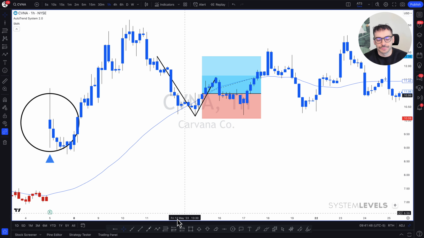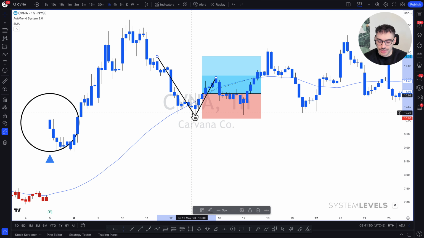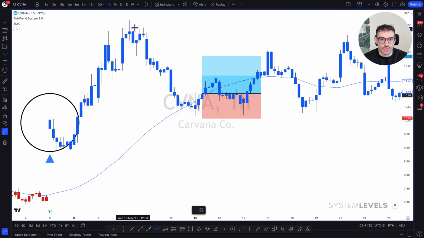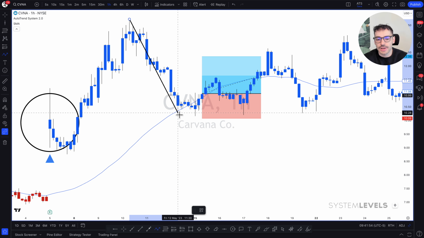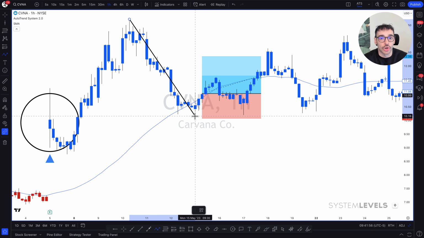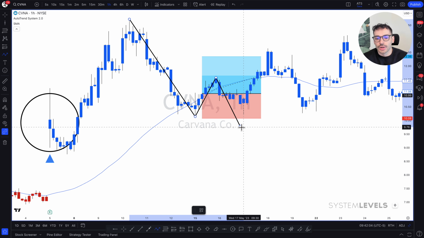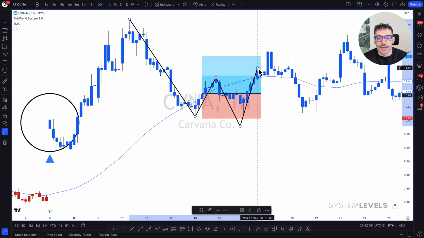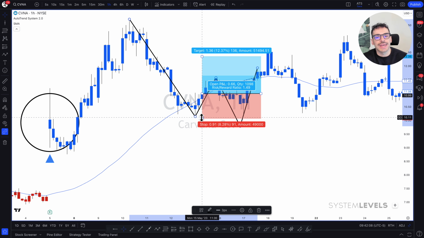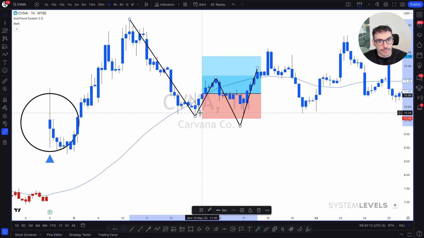Very often you will see price doing something like this when it puts in a pullback, especially if it's a pullback after a prolonged run. It will move down, put in a low, go back up, overtake the low by maybe a few points, and then move back higher. And I don't want my stop loss to be taken prematurely. I need to let the market breathe a little bit.